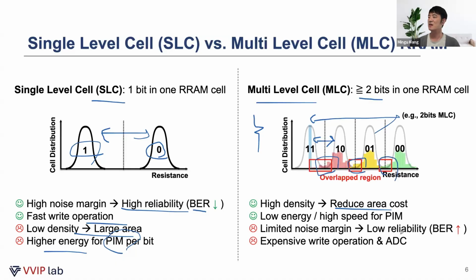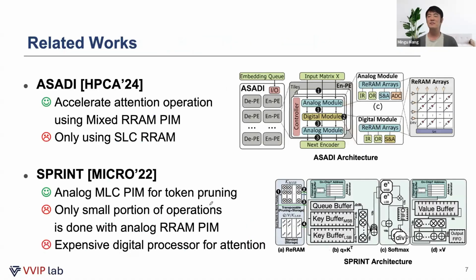Because of that, reliability is pretty low, but it is much faster and more energy efficient. Why? Because multi-bits can be processed at the same time during the PIM operation. So simply saying, efficiency-wise, MLC is better, and accuracy-wise, SLC is better, right? So these are necessary backgrounds.